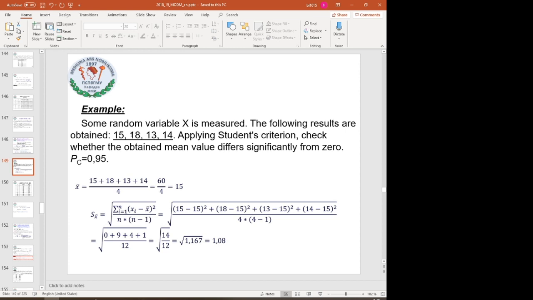Let's look at some example. Let us have some random variable x measured, and we have the following results: 15, 18, 13, and 14. Applying students' criterion, we should check whether the obtained mean value differs significantly from 0.